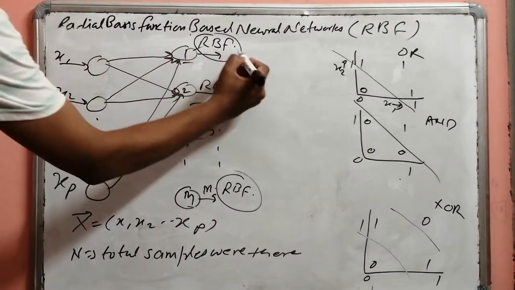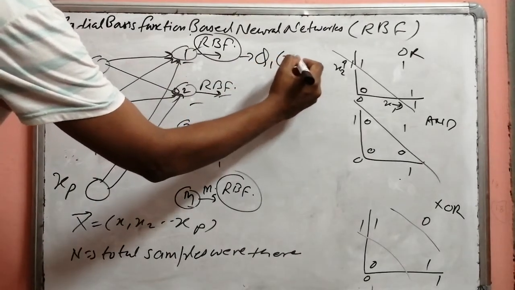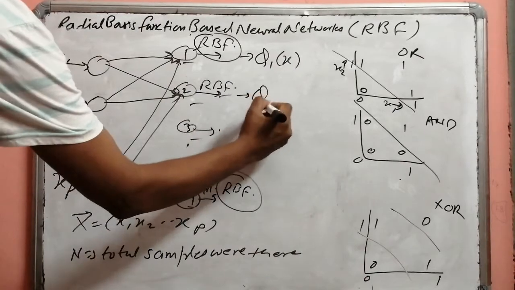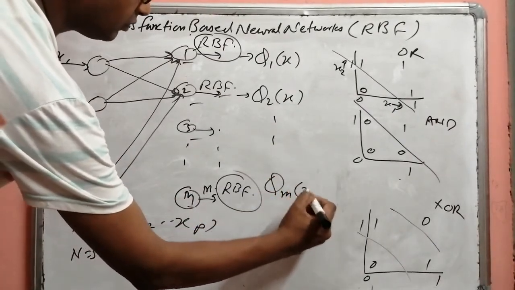So let us name this as phi 1 of x, this is phi 2 of x, and this is phi m of x.